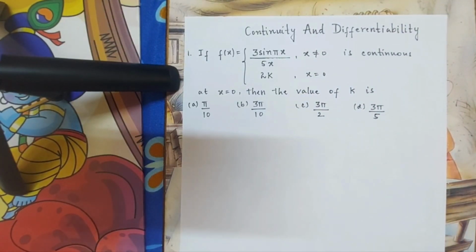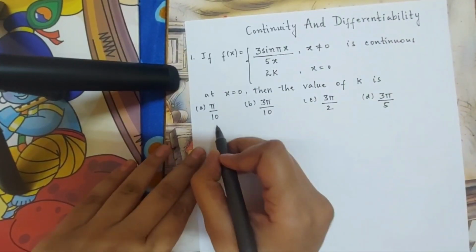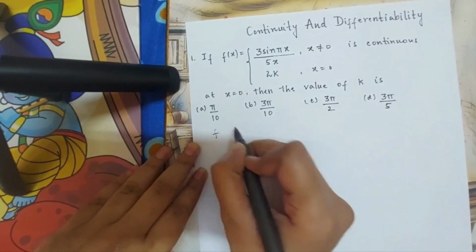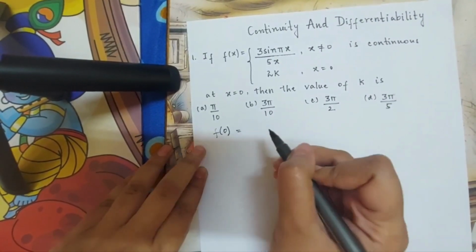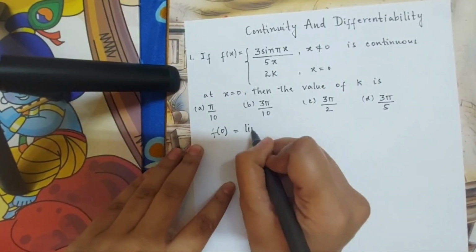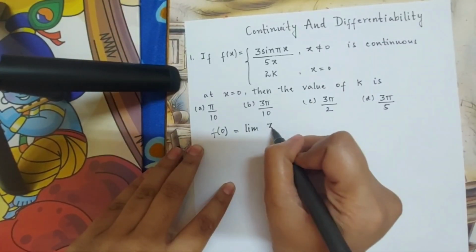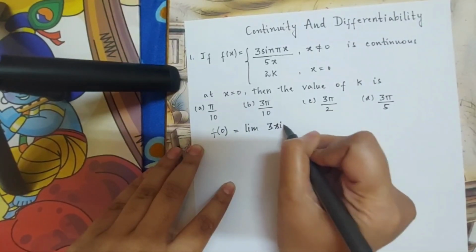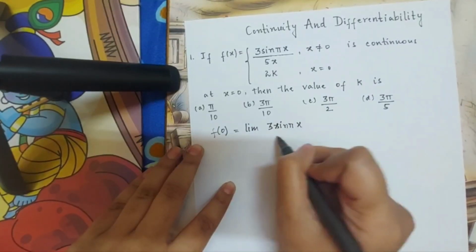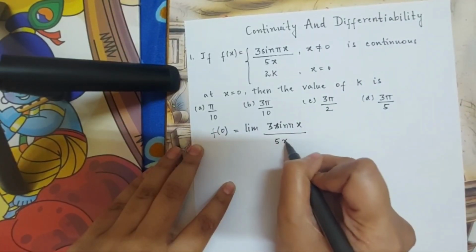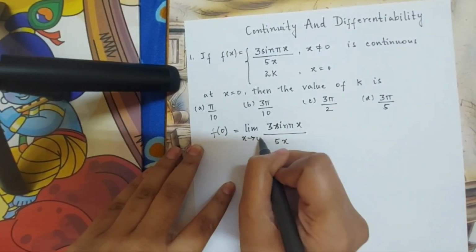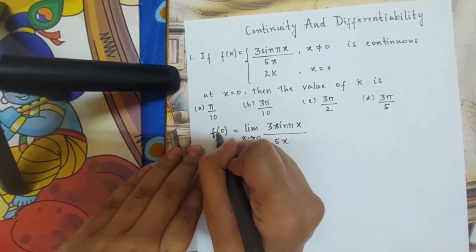So since the function is continuous, we can write f of 0 is equal to limit 3 sin pi x divided by 5x as x tends to 0. Why?